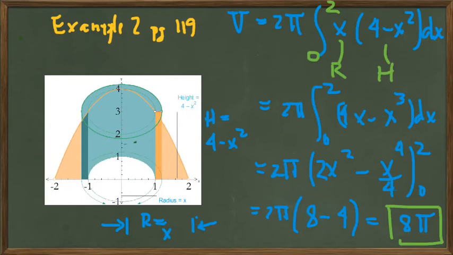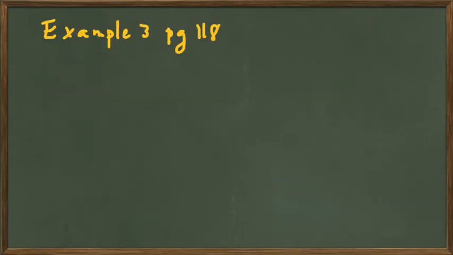In this next example, we're going to do example 3 on page 118, where we're finding, using the shell method, a volume obtained by revolving the region between two curves about the y-axis.